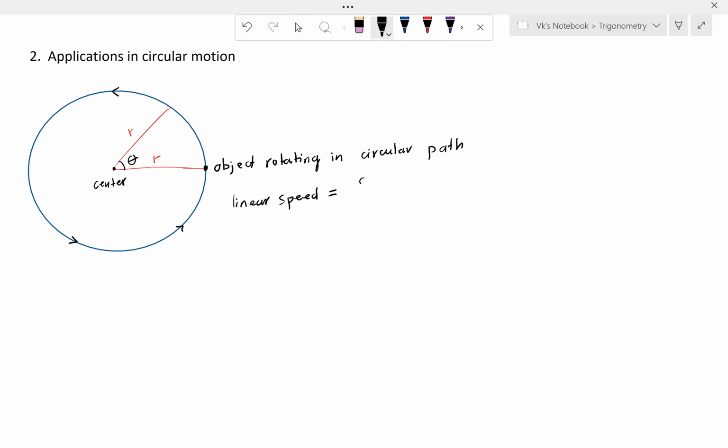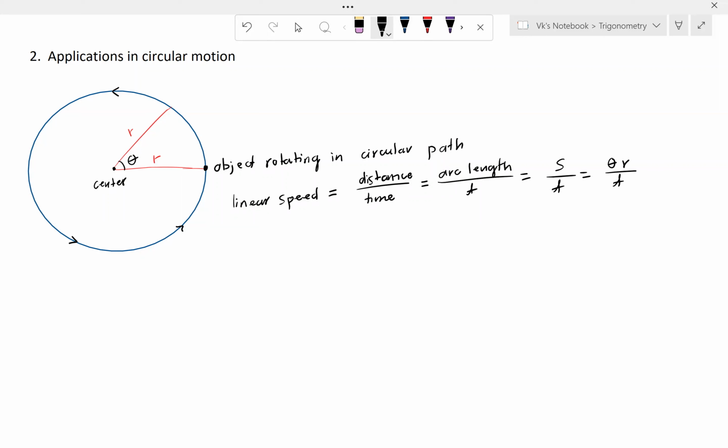That will always be distance traveled over the time interval. Distance here, when we travel in a circular path, is the arc length. And the time is t, arc length is s over t. We know s is just the angle multiplied by the radius over t. So this is the formula for linear speed.